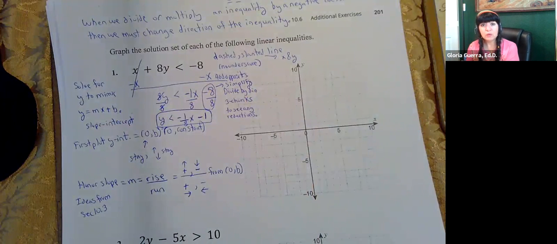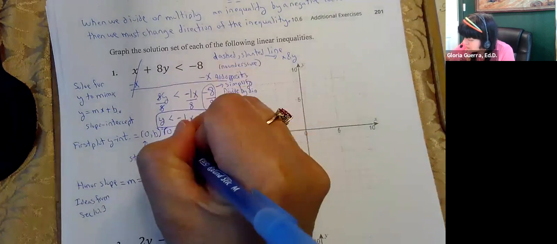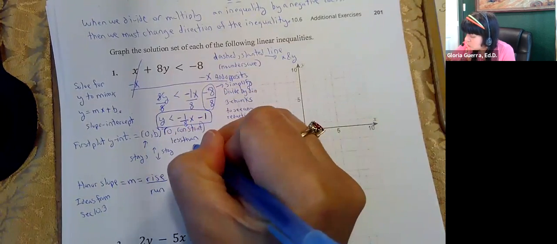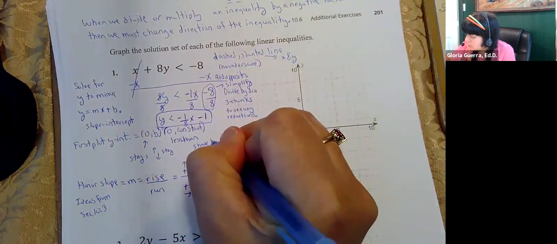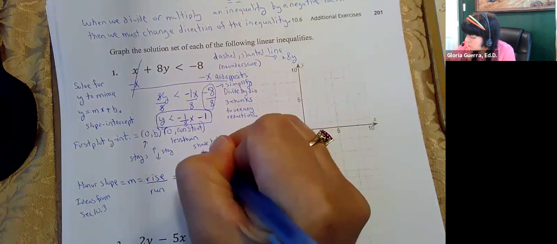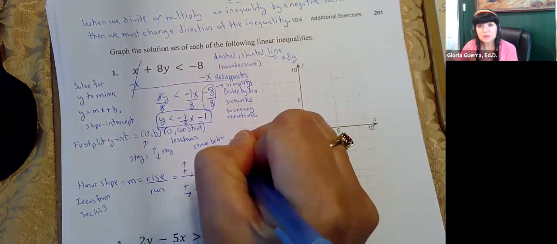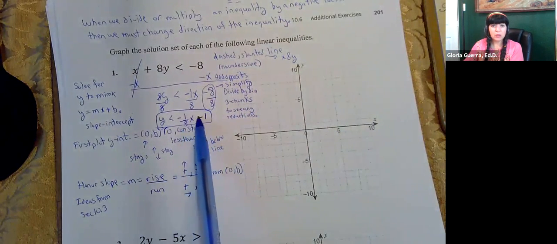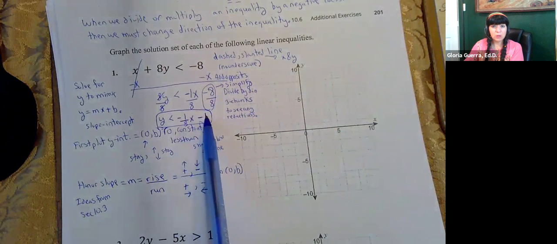Okay. Now notice how you have the less than. Y is less than. When we graph a line, we're going to have to shade one side of it, because this is saying y is less than. That means that we're going to have to shade below the line, because it's saying y is less than, here's your line, negative 1/8 x minus 1.